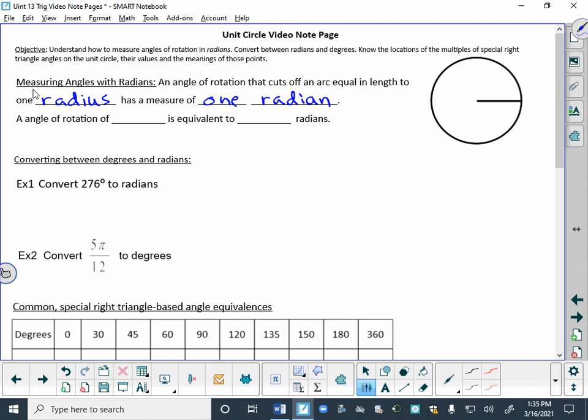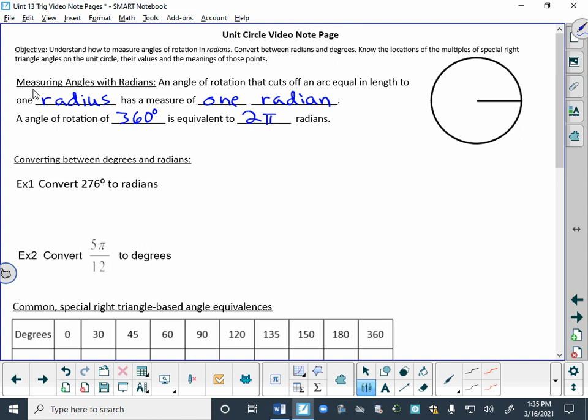An angle of rotation of 360 degrees, so if we do a full rotation of the circle, is equivalent to 2 pi radians, and that should look familiar because that's part of the circumference formula of the circle. It takes exactly 2 pi copies of the radius to stretch all the way around the circle one time.